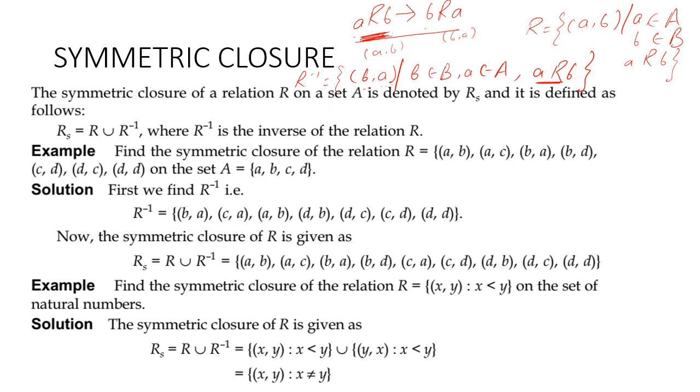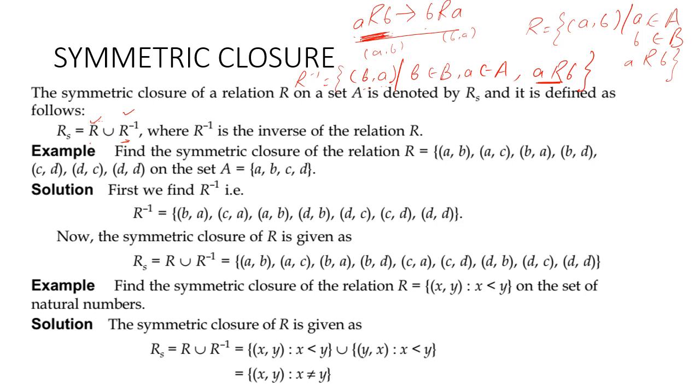Symmetric closure is the smallest relation which contains the given relation and which is also symmetric in nature. So how do I find the symmetric relation? I take the union of R and R inverse. So R inverse will have all the pairs of R but with the A and B elements interchanged. So when I take the union of these two, even if some AB and BA pairs are missing, those will come from R inverse and I will get a symmetric relation.